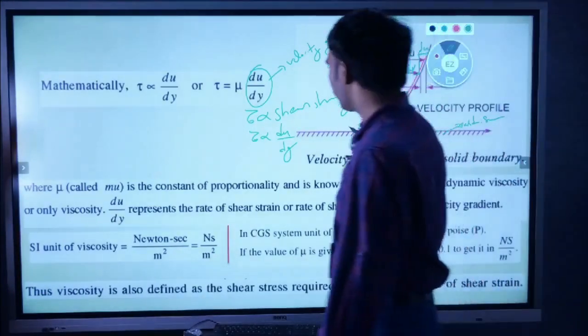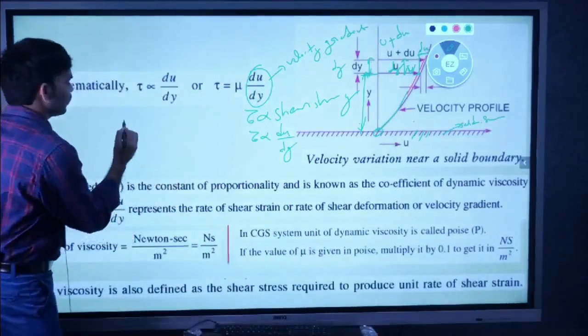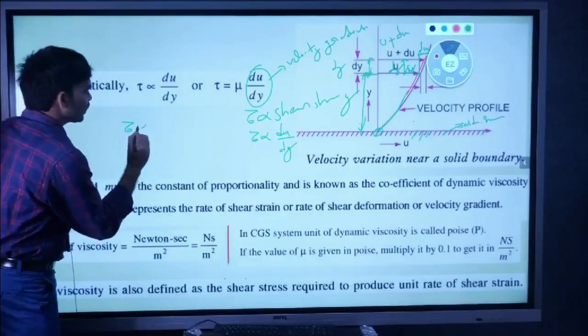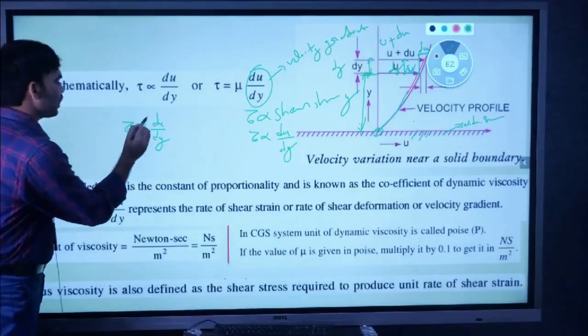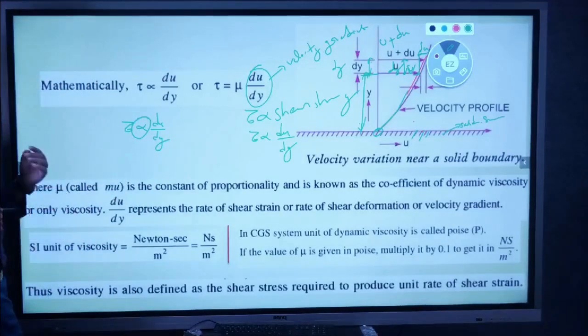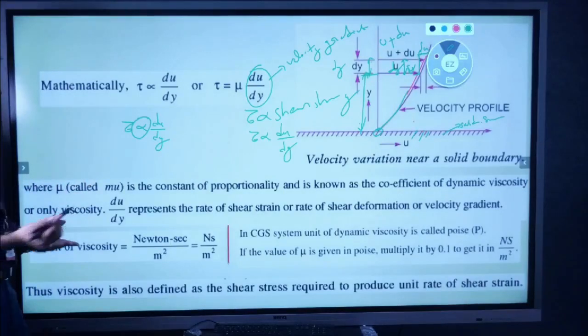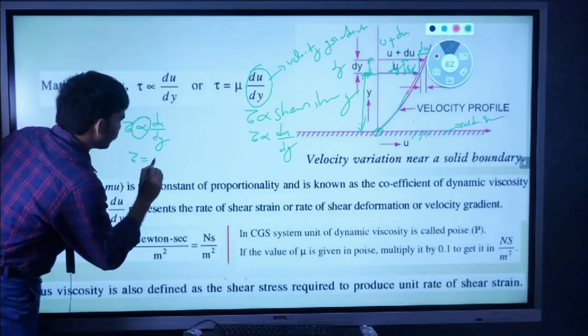Okay, therefore we can write shear stress is directly proportional to du by dy. I can replace this proportionality with some coefficient, which I represent with mu.